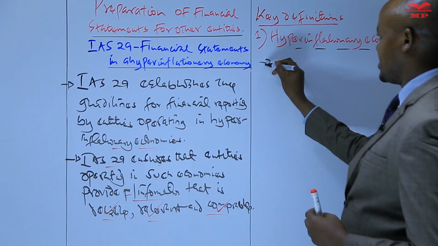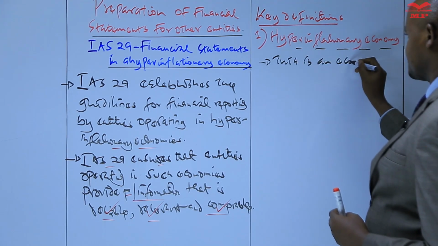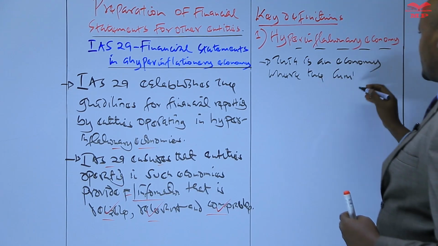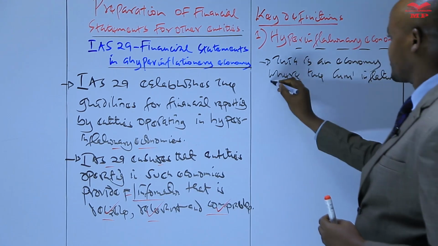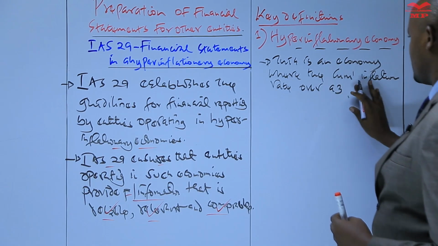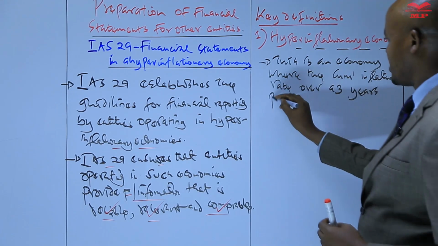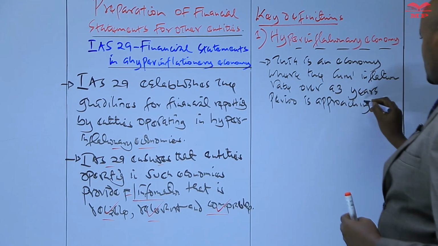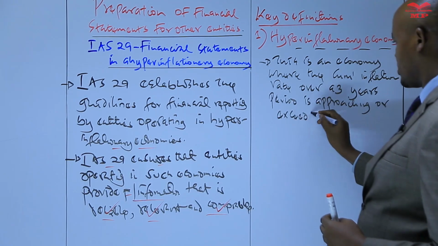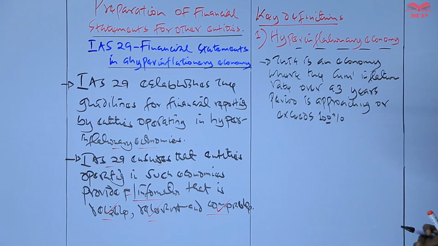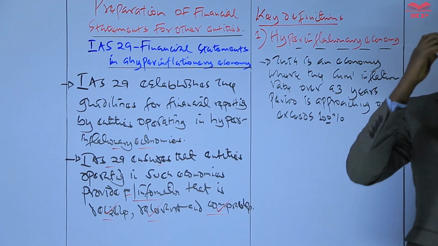So we can say that this is an economy where the cumulative inflation rate over a 3 year period is approaching or exceeds 100 what? Percent.